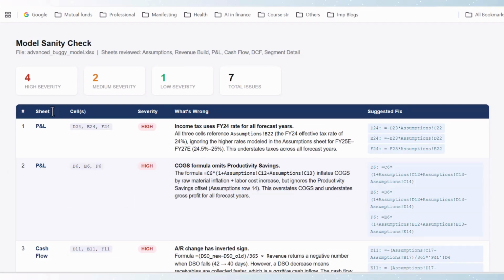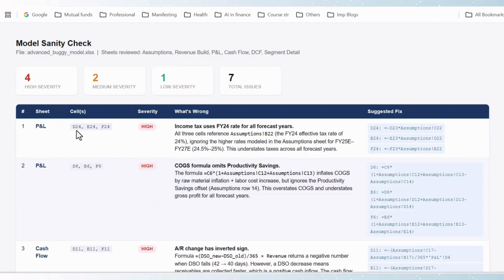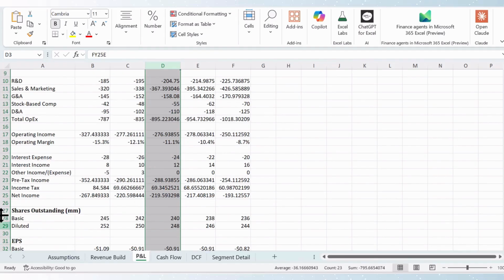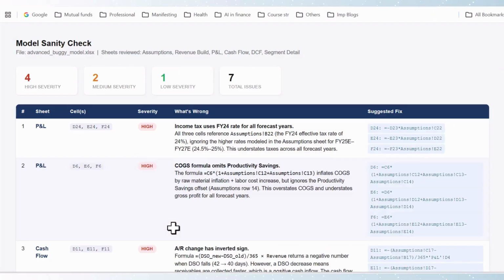It says in P&L tab, cells D, E and F24, all three cell reference assumption B12, that is the effective tax rate of 24%, ignoring the higher rate modeled in the assumptions for the later years.